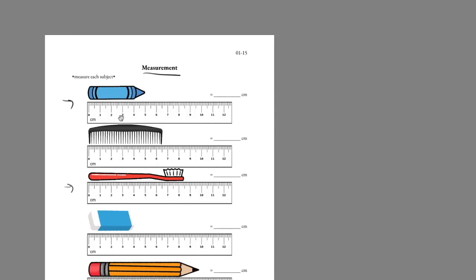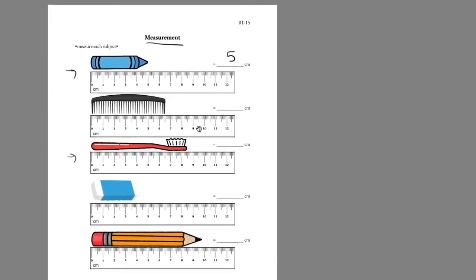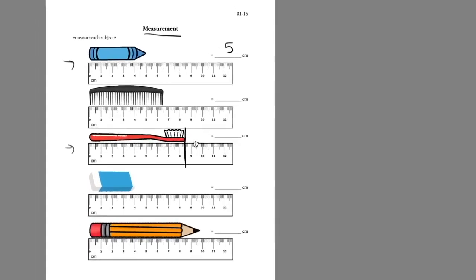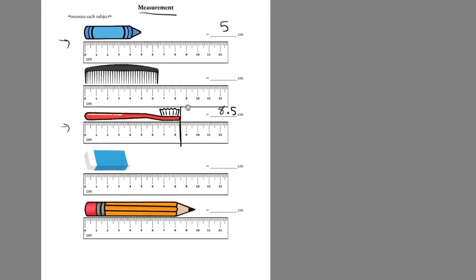And since this is a centimeter ruler, we say that's just simply 5 centimeters. Now for the toothbrush, it's the same thing, but it appears to be a bit longer. Drawing a line from where it ends, you can clearly see that this is around 8.5 centimeters.